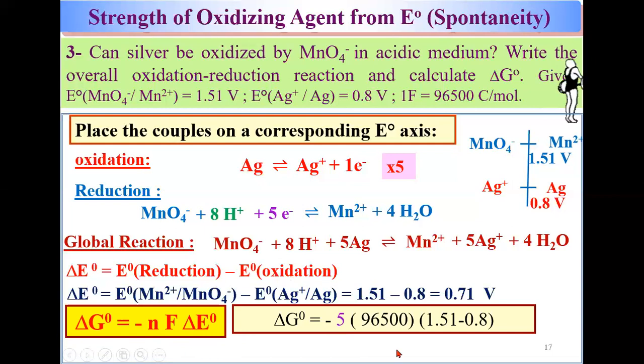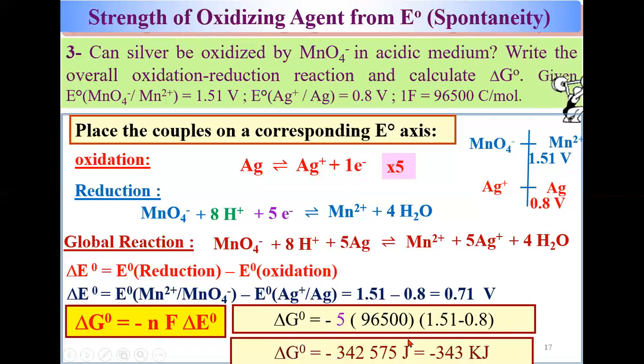Okay, get the delta E, you can go back to ox minus red, or reduction minus oxidation, half reactions, or simply get this separately and put 0.71 for the delta E. Solve for delta G, and indeed the delta G will come out in joules, guys.